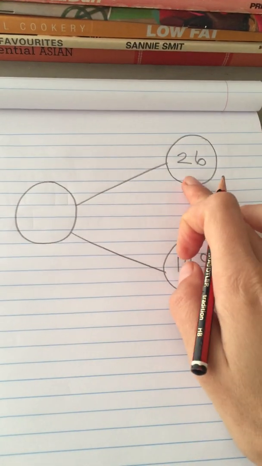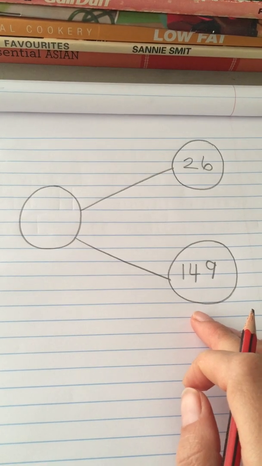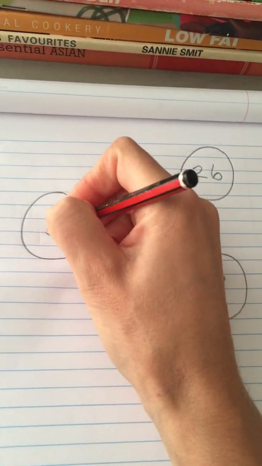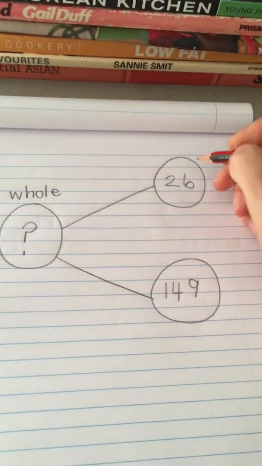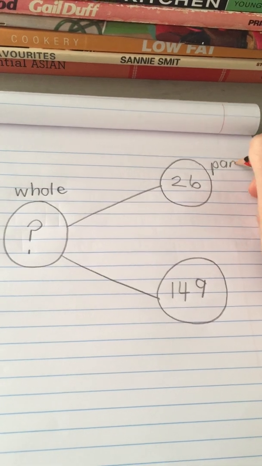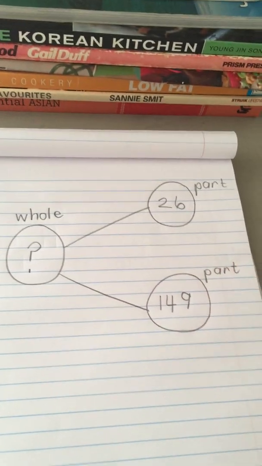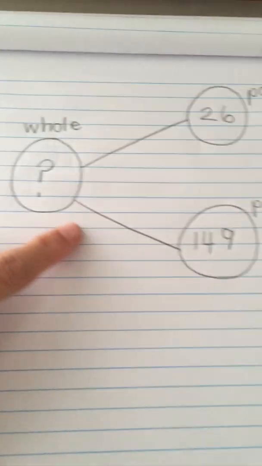So what am I going to do with these two numbers? That's right, I need to put them together to get the whole. So this is the whole, this is the part, one part, and this is another part. So for this particular word sum, I need to take the two parts to make the whole.